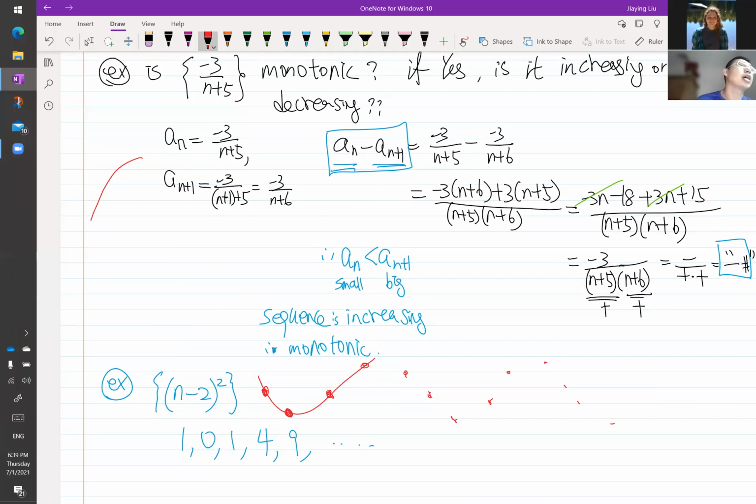So, Aiden, if the sequence goes from increasing to decreasing, then increasing, it's not monotonic. It has to be just one behavior. It cannot have increasing and decreasing at the same time.